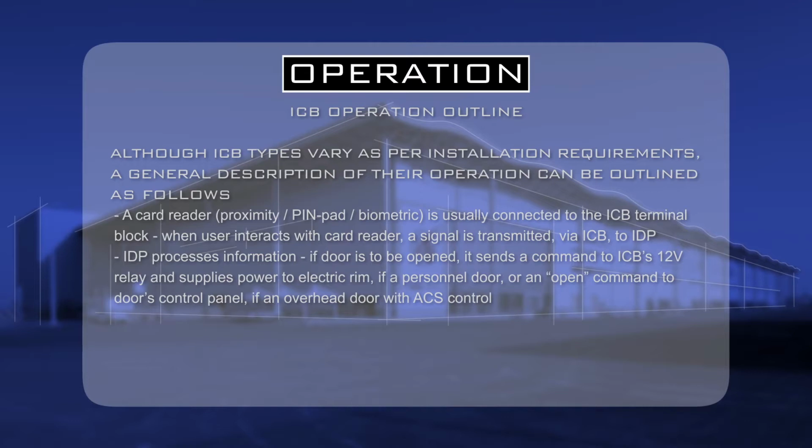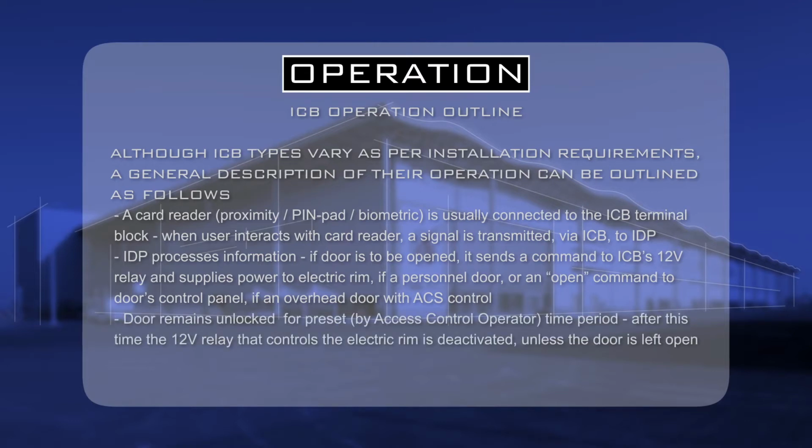If a door is to be opened, it sends a command to the ICB's 12-volt relay and supplies power to the electric rim if it's a personnel door, or an open command to the door's control panel if it's an overhead door with ACS control. The door remains unlocked for a preset time period.